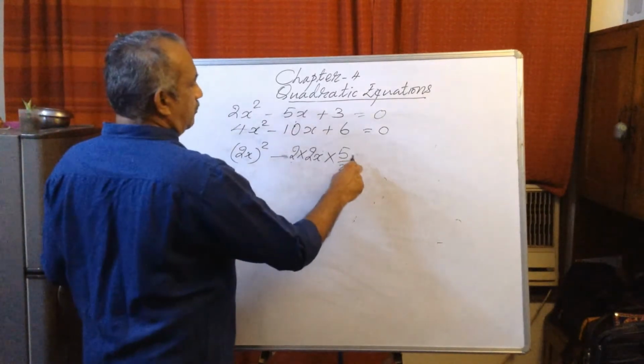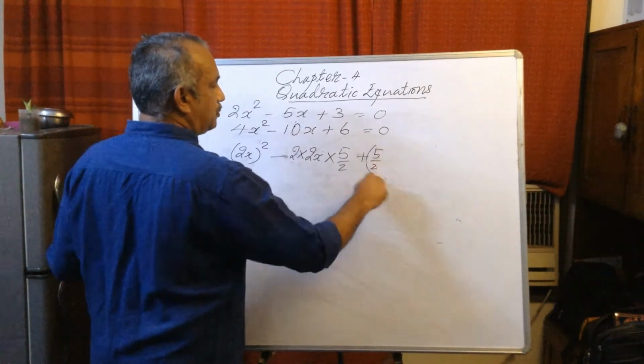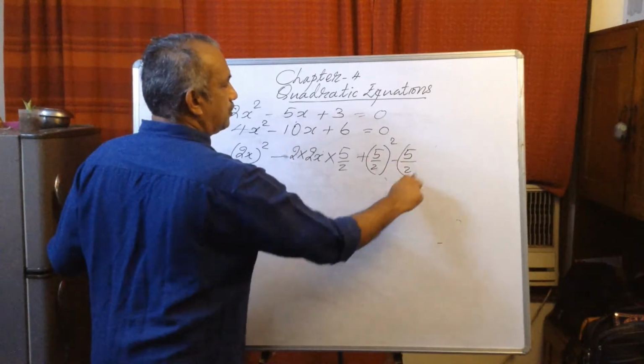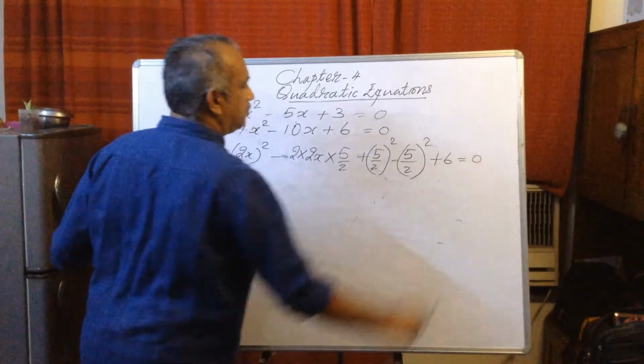Now again, what I am going to do is add 5 by 2 the whole square and subtract 5 by 2 the whole square, plus 6 is equal to 0. 6 is already there.